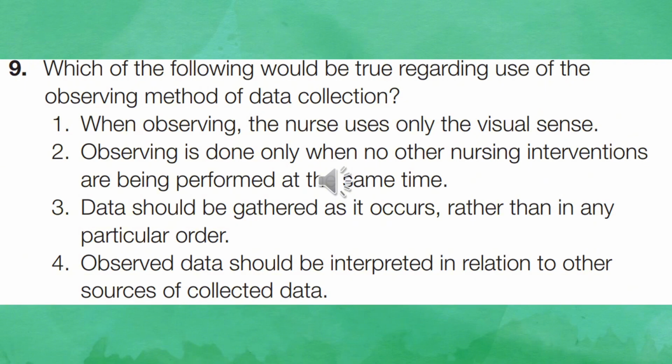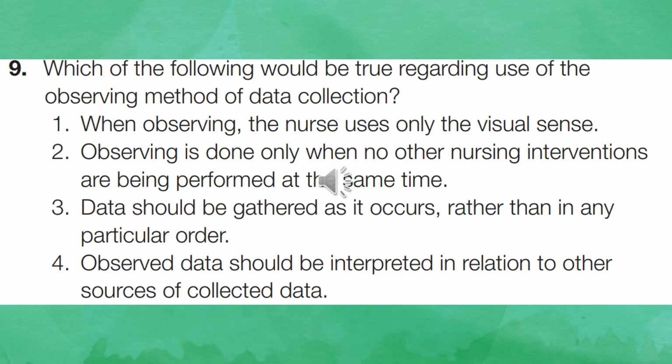Okay? Interpreting collected data is necessary to help validate its accuracy. Okay? Your option 1, no? Observing includes the senses of smell, hearing, and touch in addition to your vision. Okay?